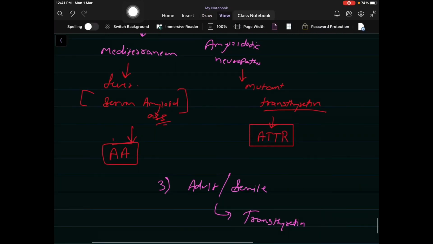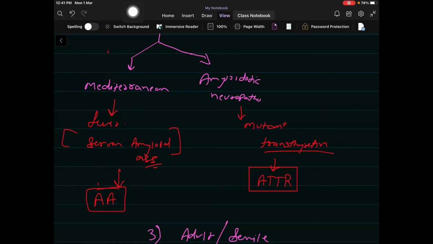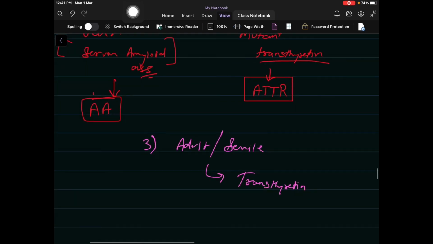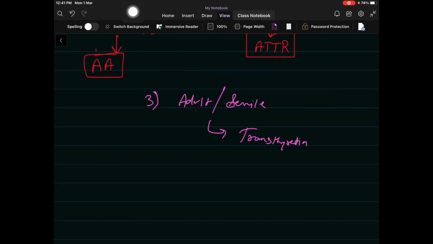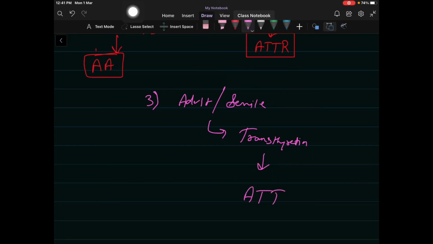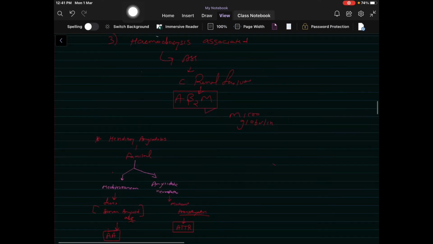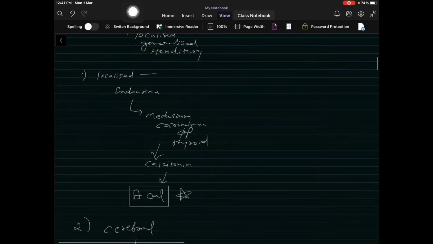But the difference between this transthyretin and the transthyretin involved in the amyloid neuropathies is that in the neuropathies it is mutated, and here in the adult type it is simple normal transthyretin. Hence, the major fibrillar part is ATTR. This is to be remembered.